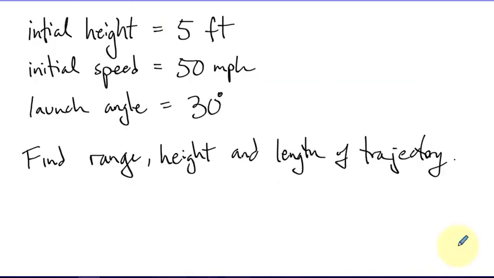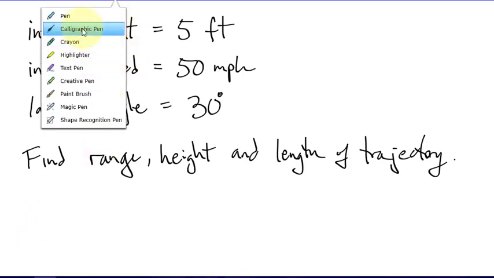Let's do an example now where we are given an initial height of 5 feet, initial speed of 50 miles an hour, initial launch angle at 30 degrees, and let's find the range, the maximum height, and then the length of the trajectory, that is the actual arc length of the path that it follows.